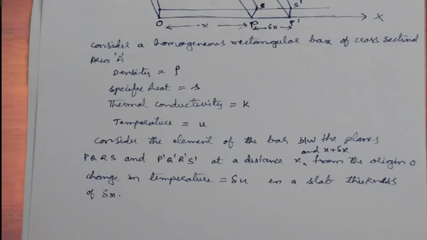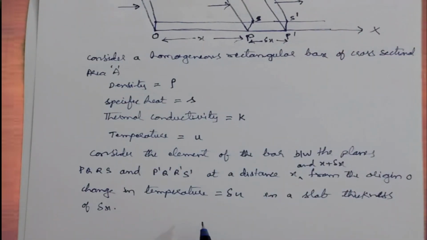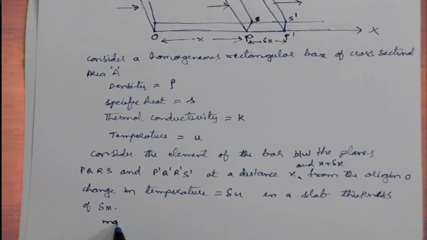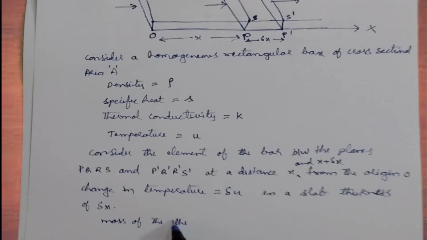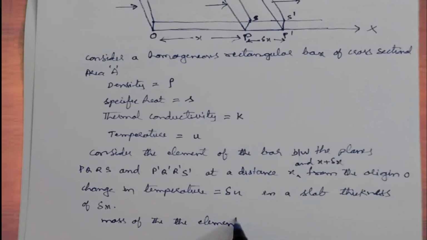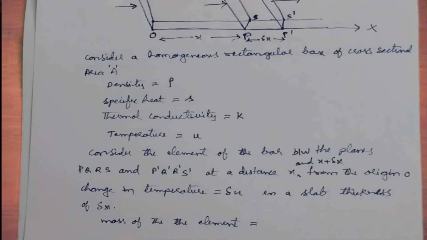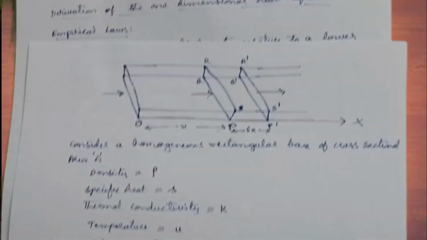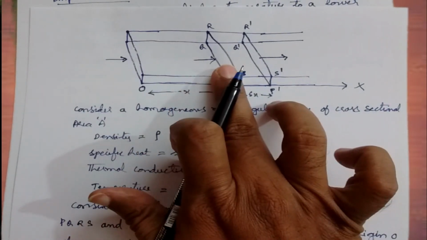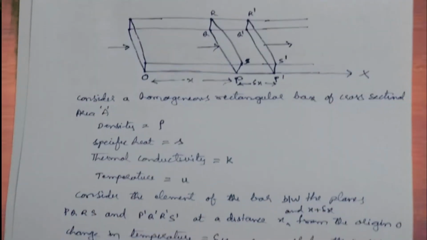Now let us try to see what will be the mass of the element. Only this element we are considering, where the heat enters and the heat leaves the cross section area.